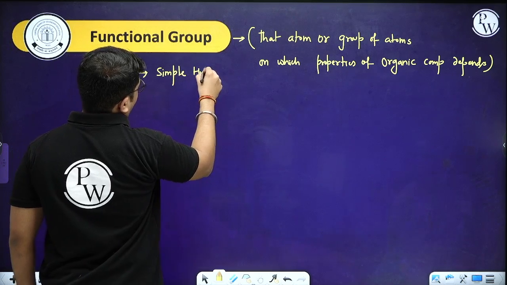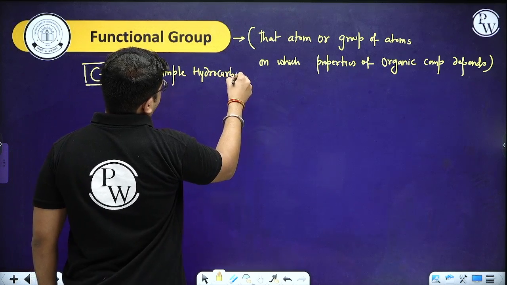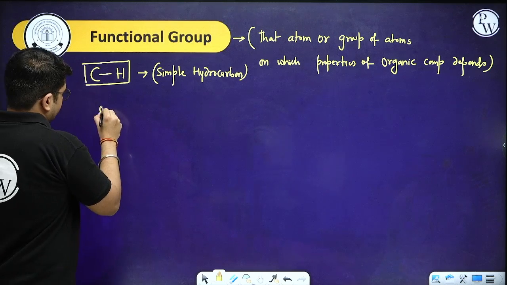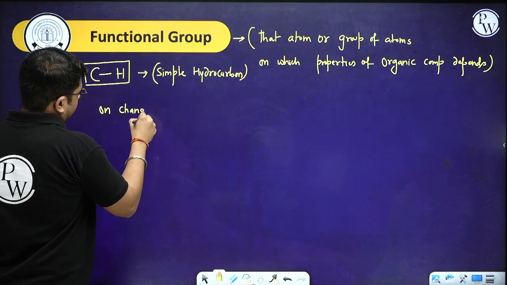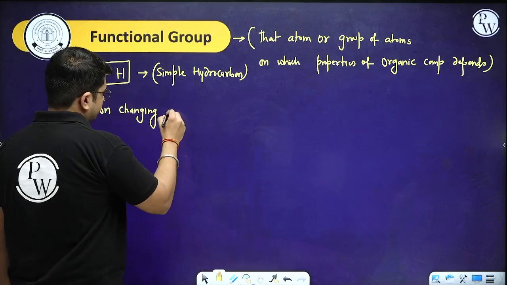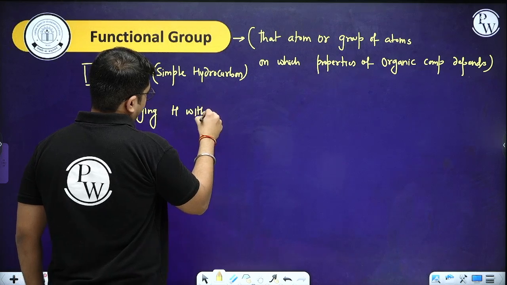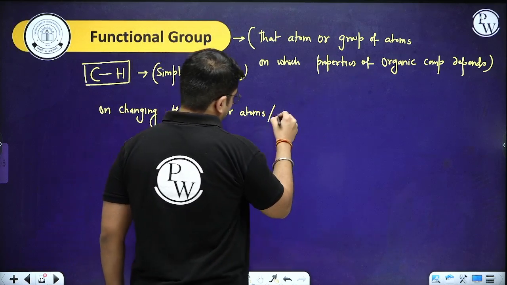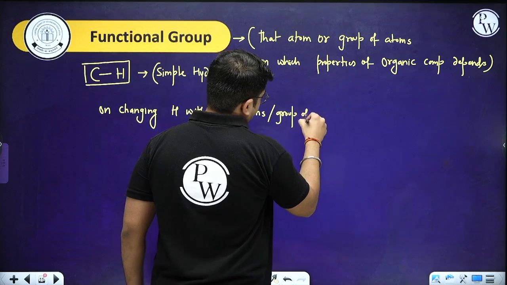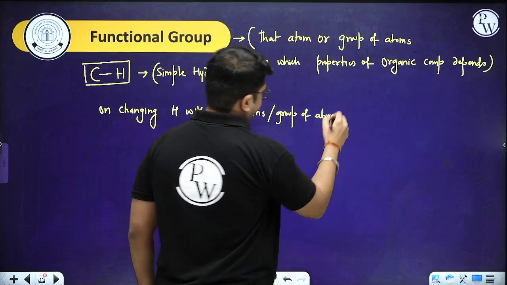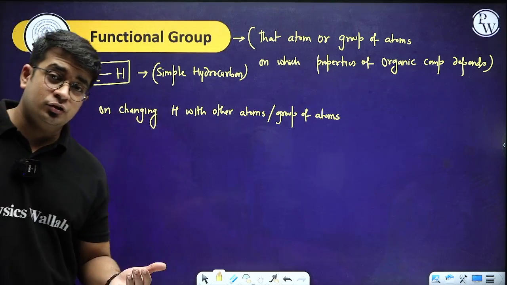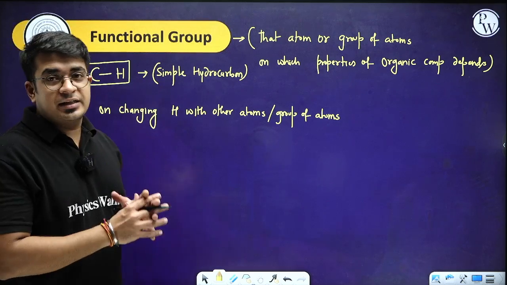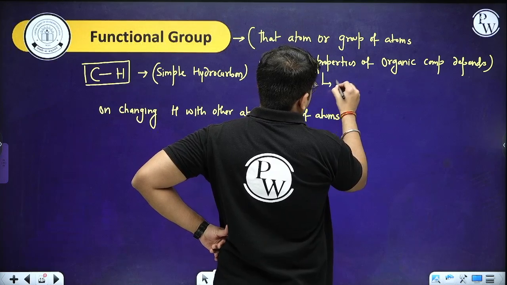But if I am changing hydrogen with other atoms or group of atoms, if you are replacing hydrogen with an atom or group of atoms, then definitely you are changing the physical as well as chemical properties.